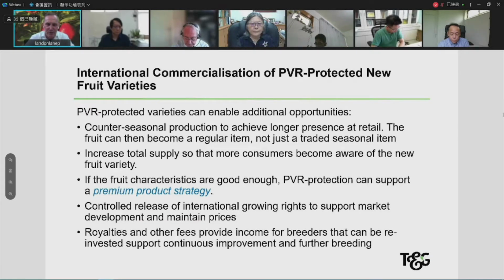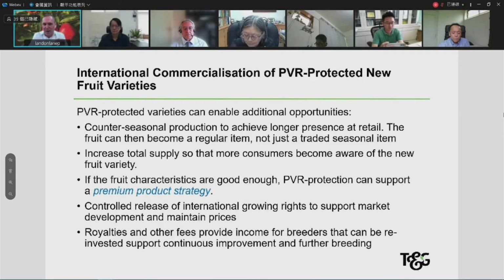This will allow you, if your fruit is a seasonal fruit, to have supply for a longer period during the year, and that means your fruit is more interesting for the major retailers, the major supermarkets. If you're just a seasonal product, then they'll think of you only once a year. But if you're a product like, for example, bananas, in most markets, they are supplied 12 months of the year, and they're a major category, and every supermarket must have bananas, and every consumer will buy bananas.